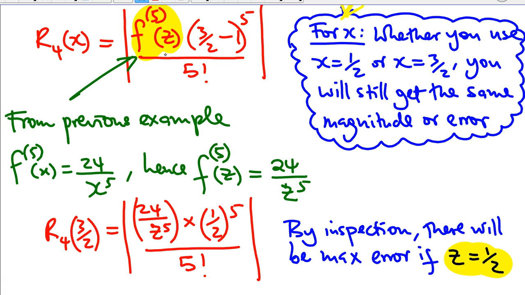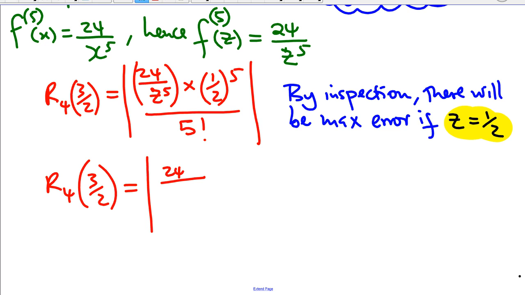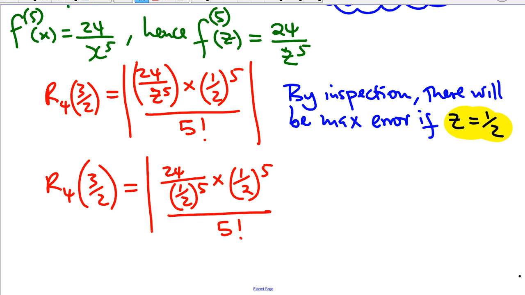So what I'm going to do is replace that in the formula. R4 of 3 over 2 will be equal to the magnitude of 24 divided by a half to the power 5, multiplied by a half to the power 5 over 5 factorial, and that will give us a fifth.